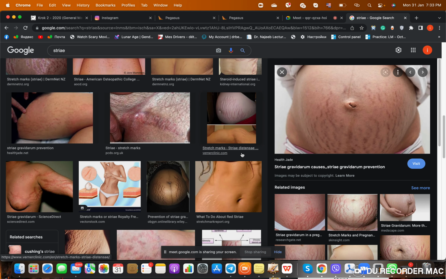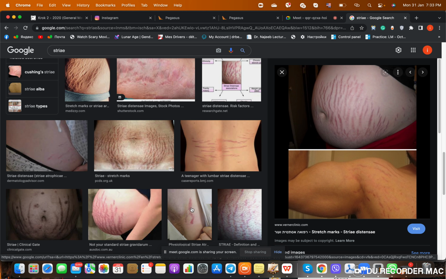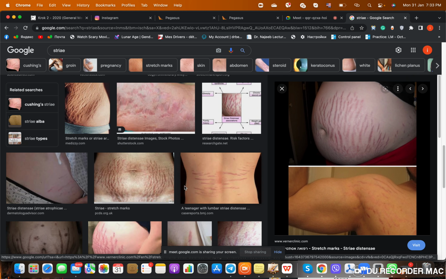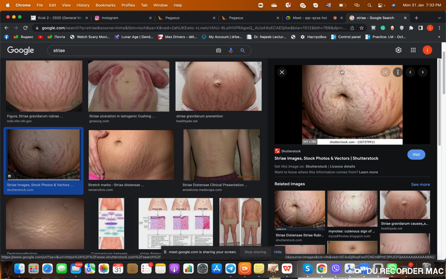All of these. Okay, they are red. Some people will say, no, it's like a stretch mark. Well, with stretch marks, when you look at the abdomen, some of them will be red, some of them will be white. They are variable, mostly white actually. But these ones are all red, okay?